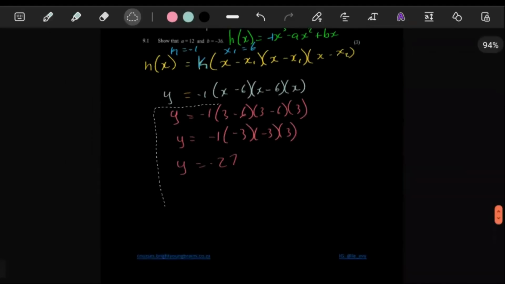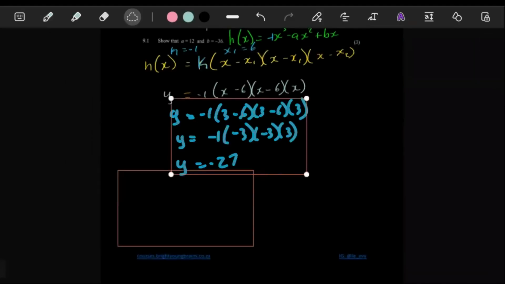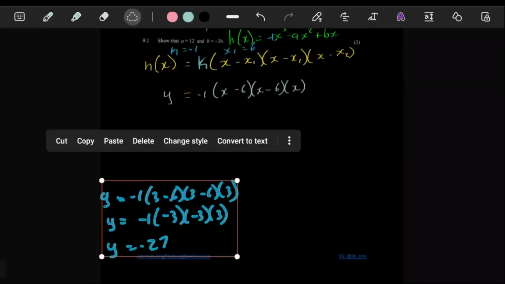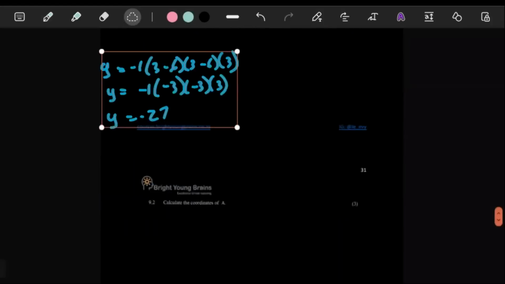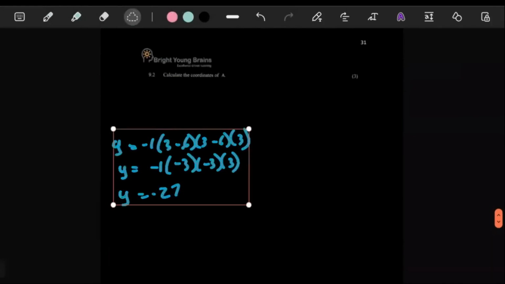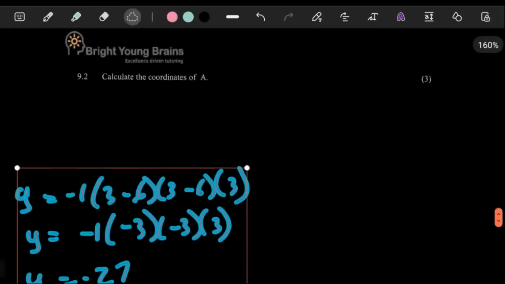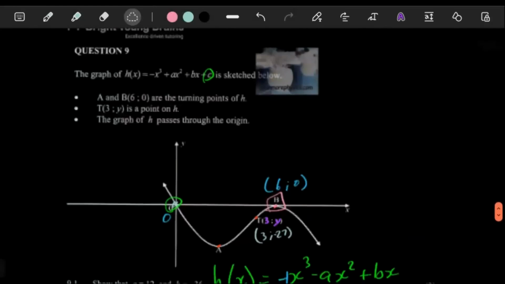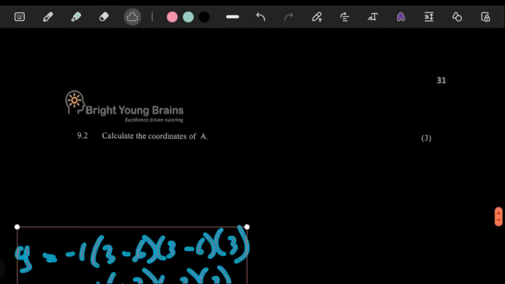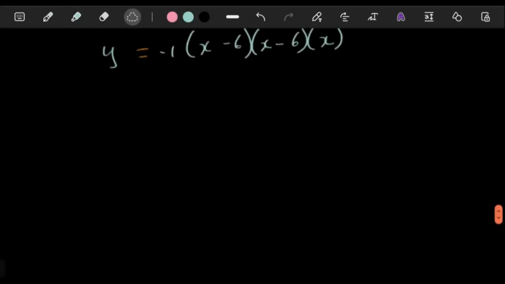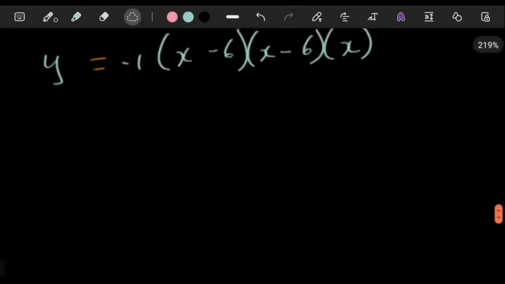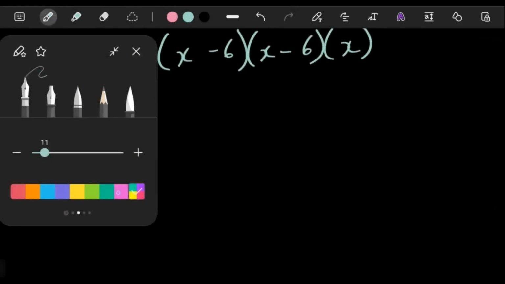Let's actually leave the 3 out, because here we're just trying to get the equation of the graph. We'll probably need to do it later for one of the questions here, which is calculate the coordinates of A. Where is A? Well, never mind. Let's just delete this for now. We don't need to get any coordinates in this equation. We just need to get the equation.